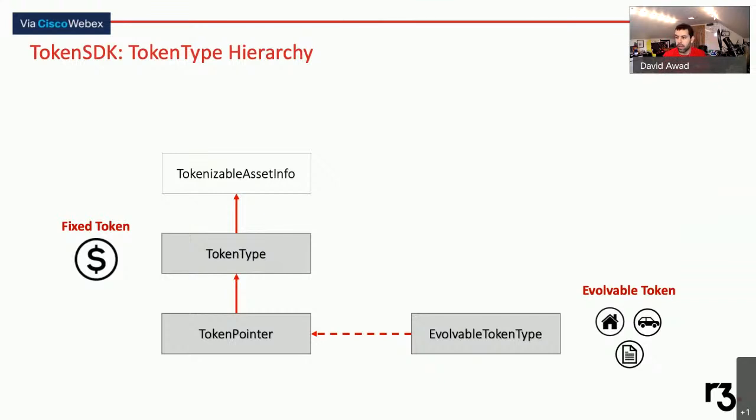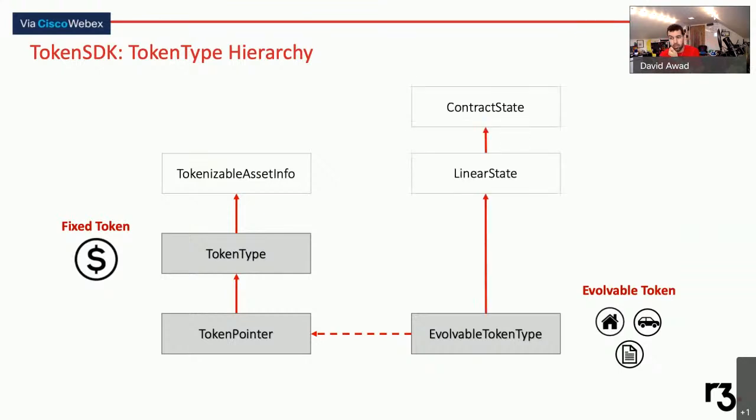And speaking of Corda states, if you want to drill down into what exactly is happening within evolvable token types or evolvable states, just like you would have implemented queryable states, evolvable states are like linear Corda states, meaning they change as time moves forward in a way that you would intuitively expect.